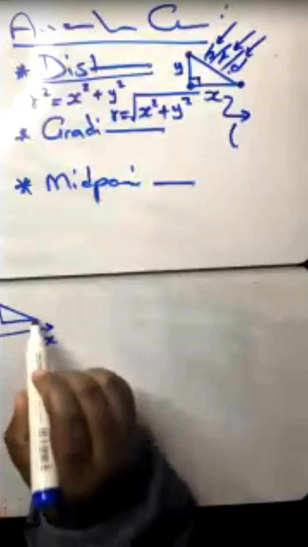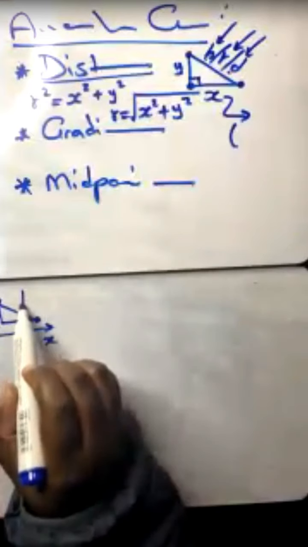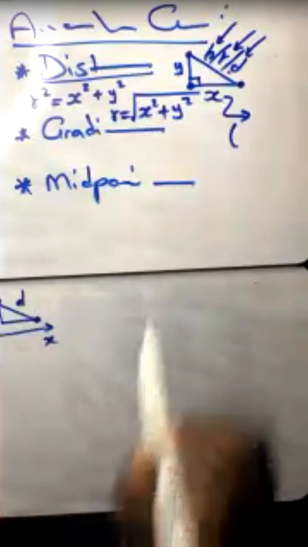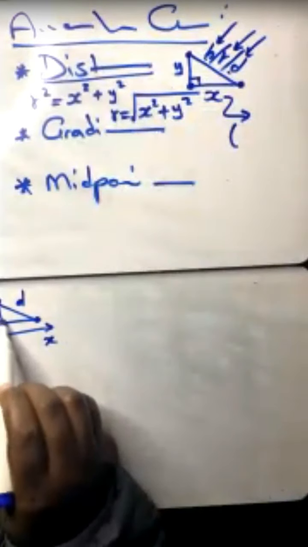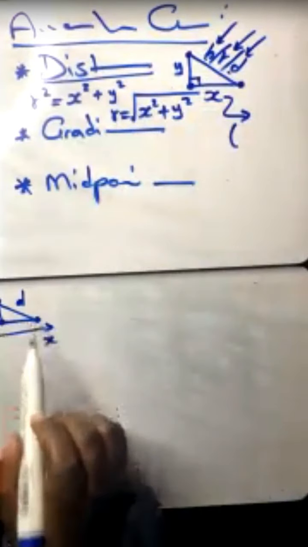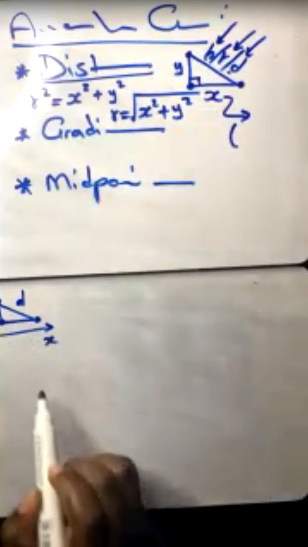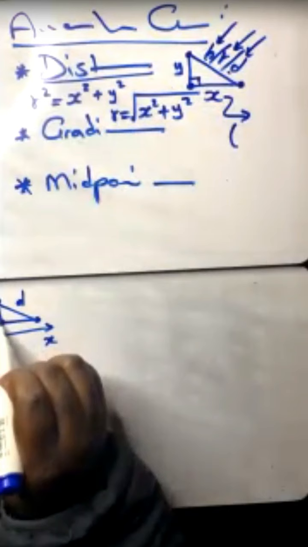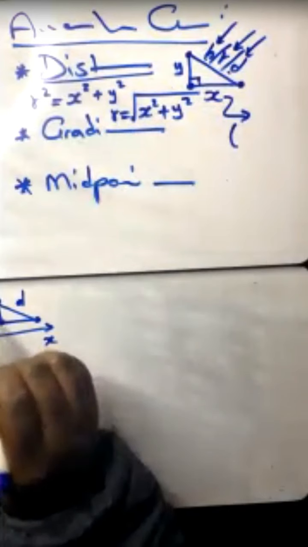Let me refer to the hypotenuse as D instead of H. The horizontal line is the x line, and the vertical line is represented by y.